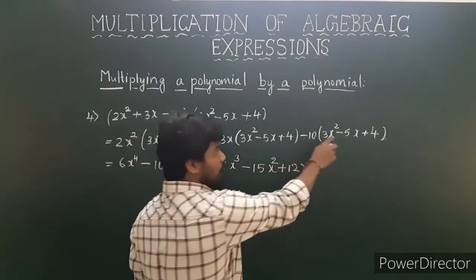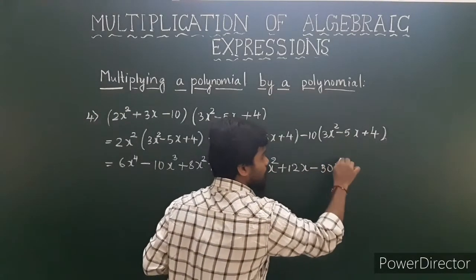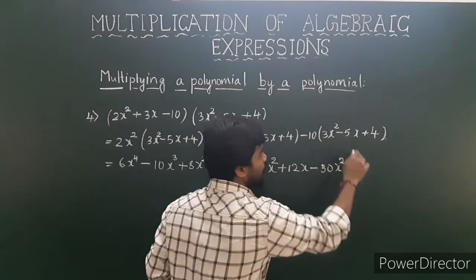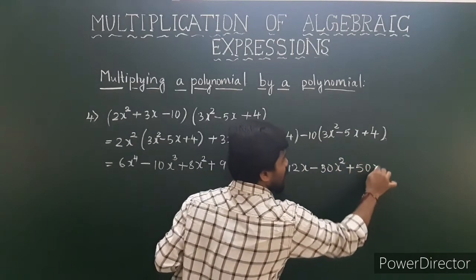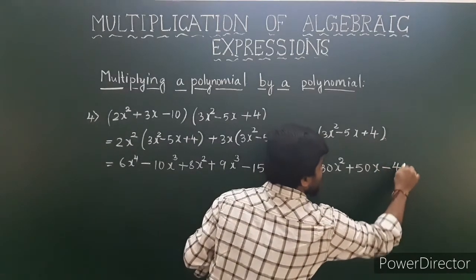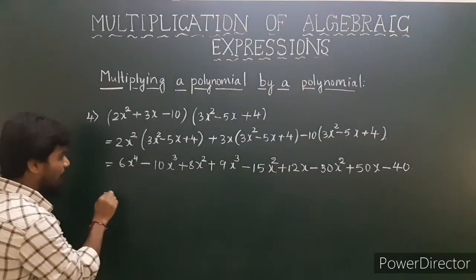Next, minus 10 into 3, you get minus 30x square. And minus into minus plus. So 10 5s are 50x. Then finally minus 40. So next, you take all like terms together.